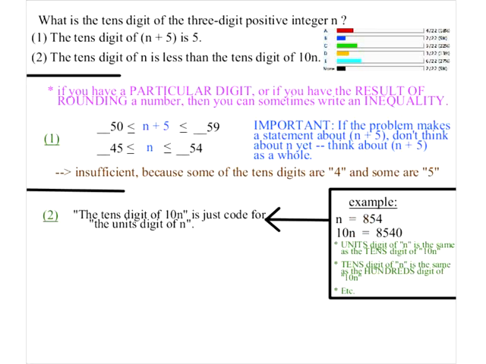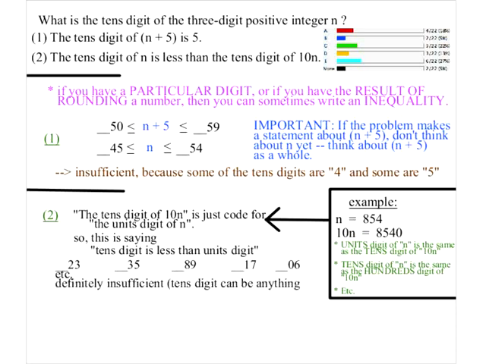So what this is saying, in other words, is basically just that the tens digit is less than the units digit. There's all kinds of ways you could do that. You know, 1, 23, 35, 89, 17, 06, etc. This is definitely insufficient because the tens digit can be anything except 9.